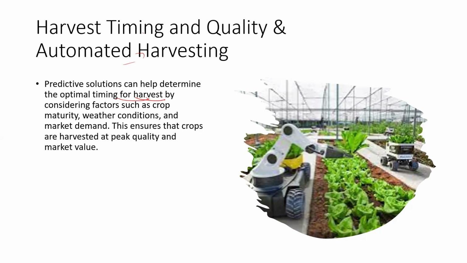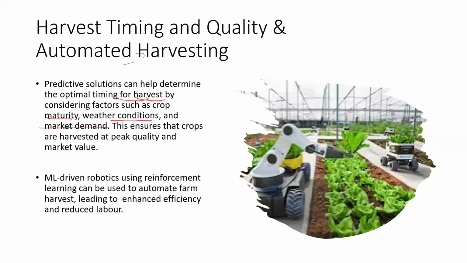This kind of condition can really result in optimal timing for harvest by considering factors such as crop maturity, weather conditions, and market demand. This will ensure that the crops are harvested at peak quality and market value, which is very important to our farmers, so that they can gain from the effort and labor they have put in.